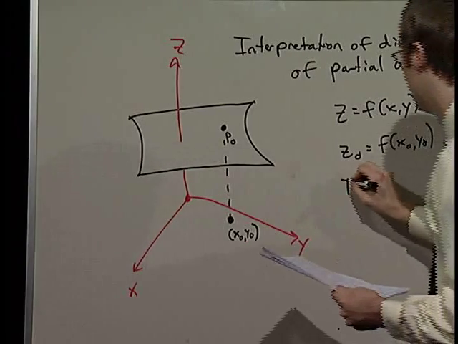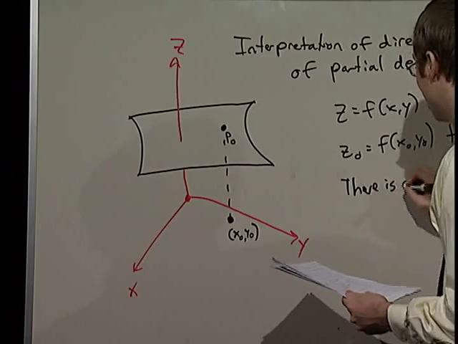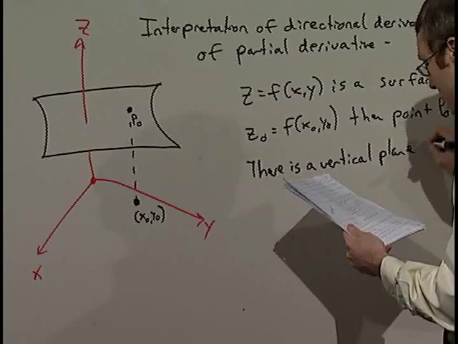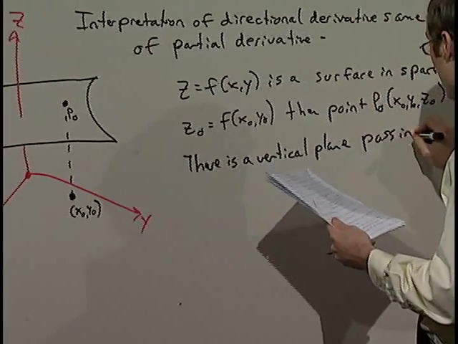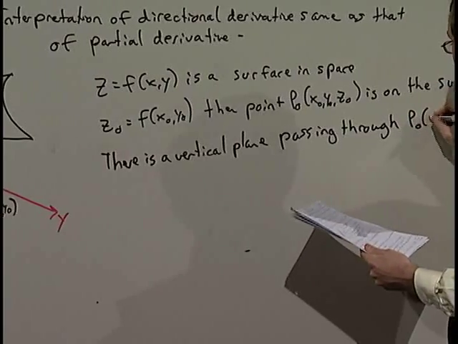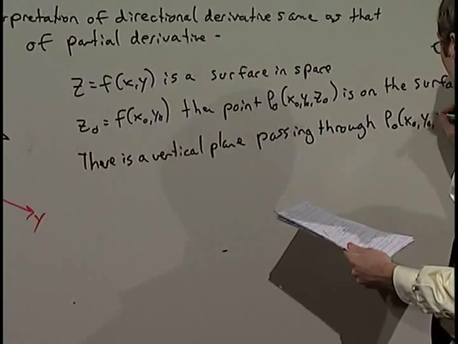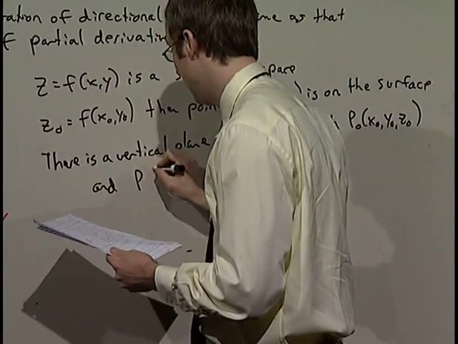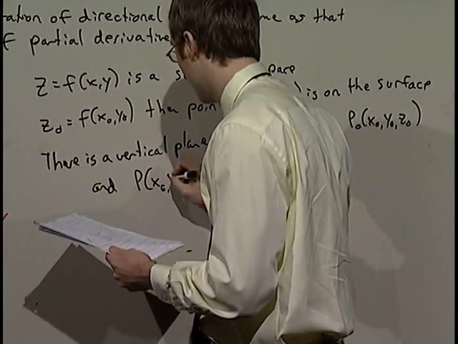Okay, yeah. So there is a vertical plane passing through P naught, (x naught, y naught, z naught), and (x naught, y naught), right?